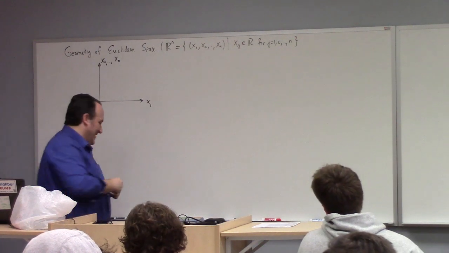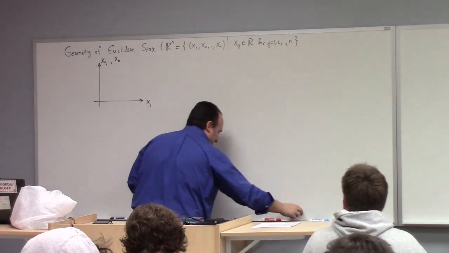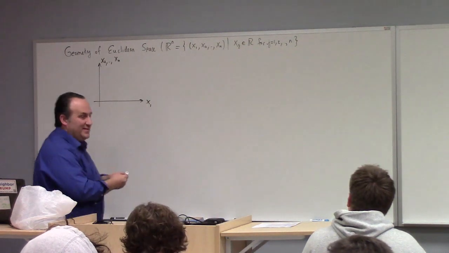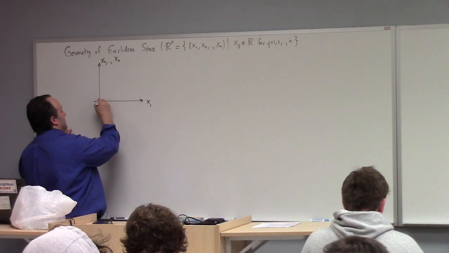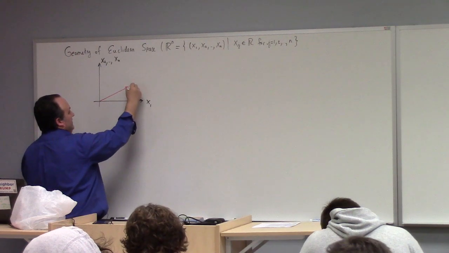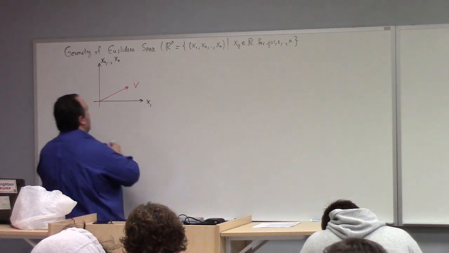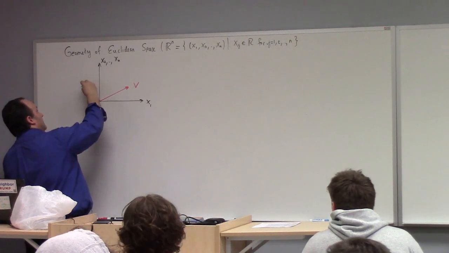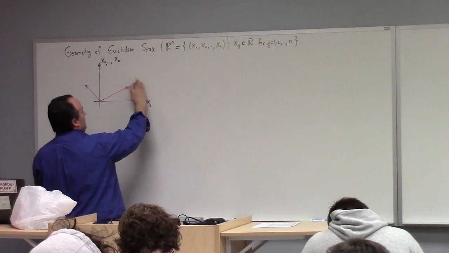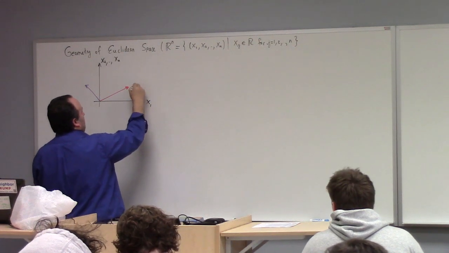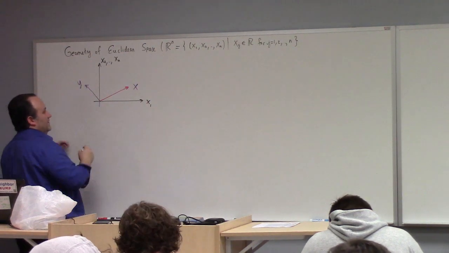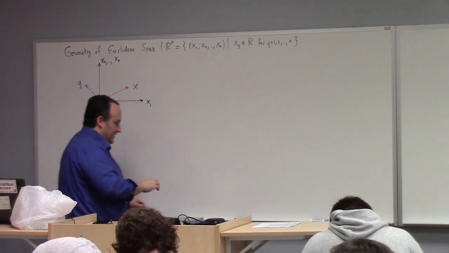And if you're willing to accept my picture, silly as it might be, you know how we have vectors. Like we have a vector v, we have a vector w, you know. I'm going to use x and y rather. We have a vector x, we have a vector y, and you know the deal.